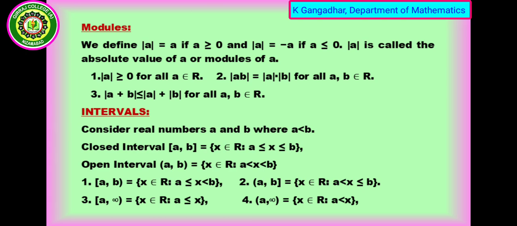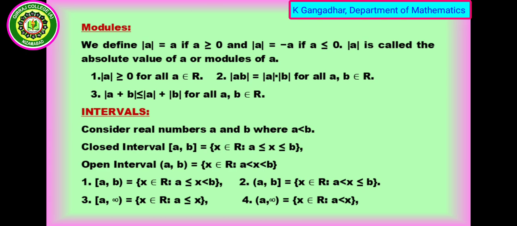So here mod a is called the absolute value of a or modulus of a. Some properties are there. For all a belonging to R, mod a is greater than or equal to 0. So if a is any real number, then the value of mod a is greater than or equal to 0. Second property: mod of ab equals mod a times mod b.